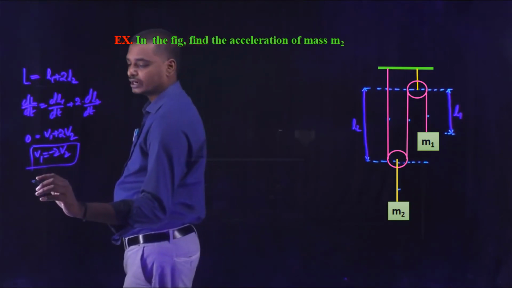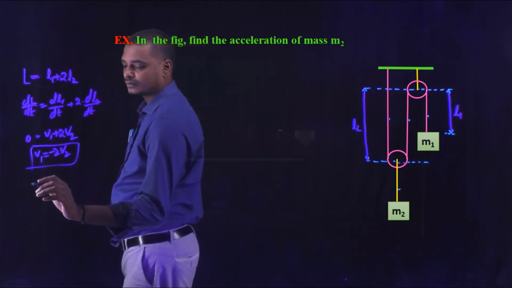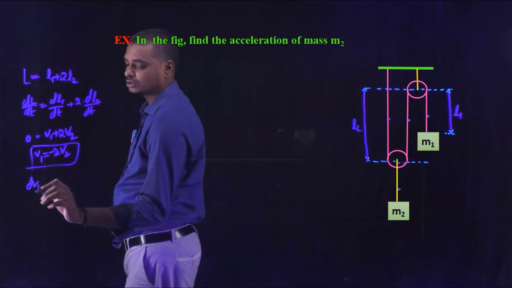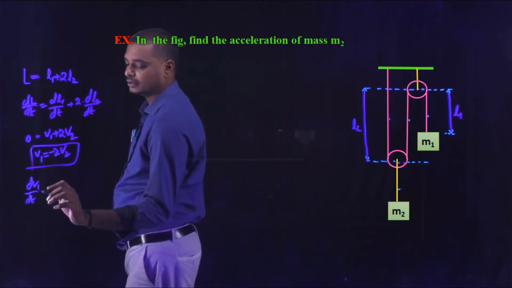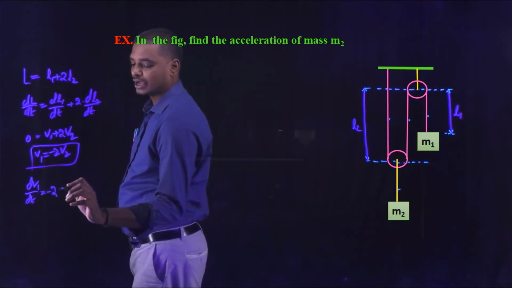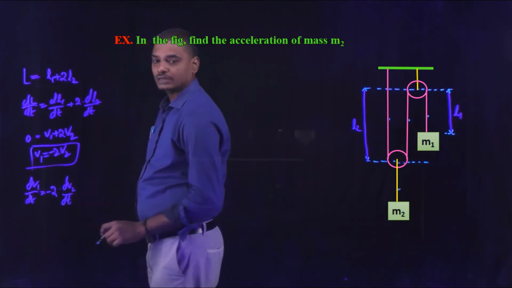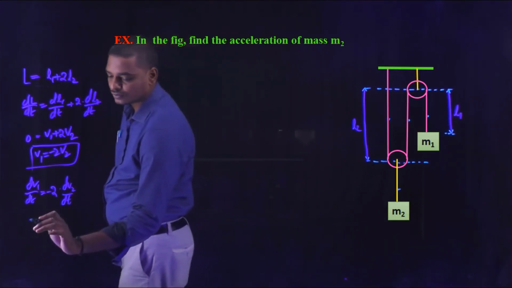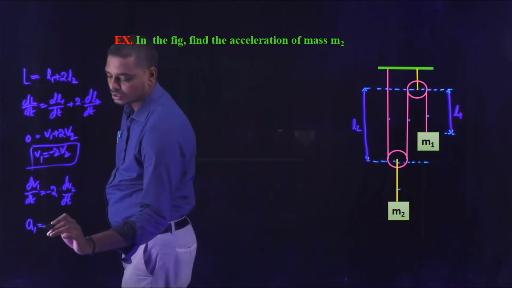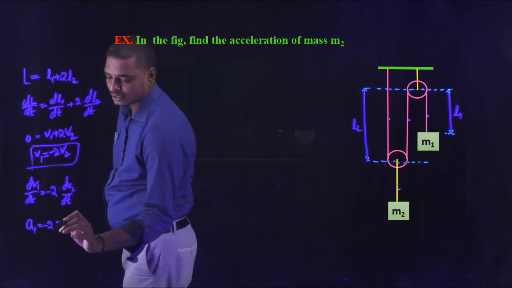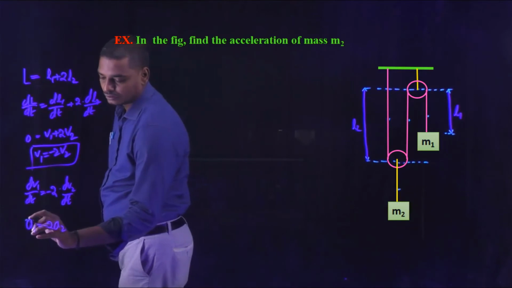Now if we find the accelerations, the rate of change of velocity is acceleration, so dv1 by dt is equal to minus 2 into dv2 by dt. dv1 by dt is nothing but the acceleration of the first block, so a1 is equal to minus 2 into a2.